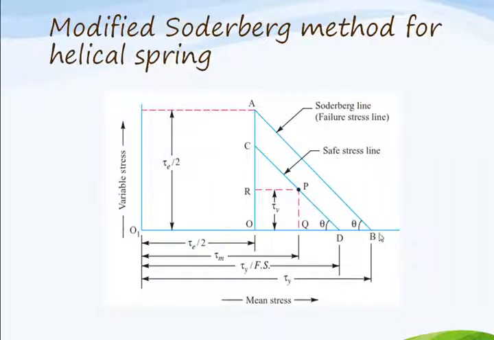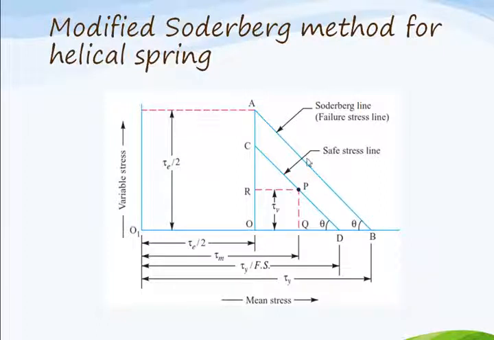And there is a point B, which is the shear yield strength, SSY, or tau y. Then you need to draw another safe stress line by considering the factor of safety, FOS. This is the ultimate line or Soderberg line, that is the failure stress line, where if any point falls above this line, the design is not safe.